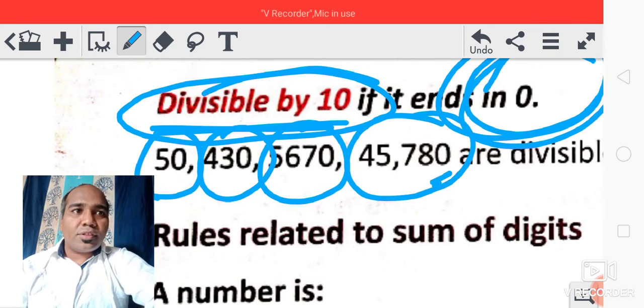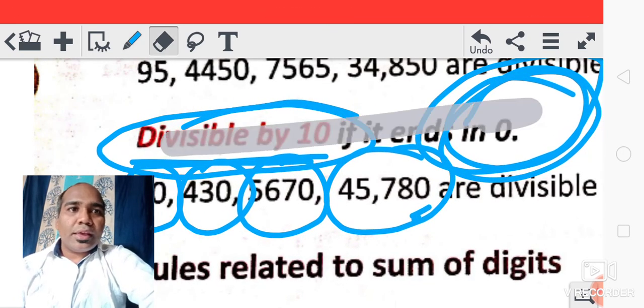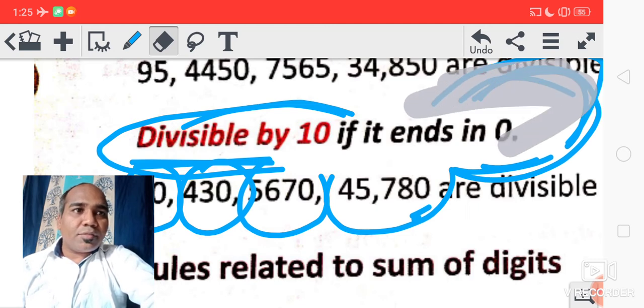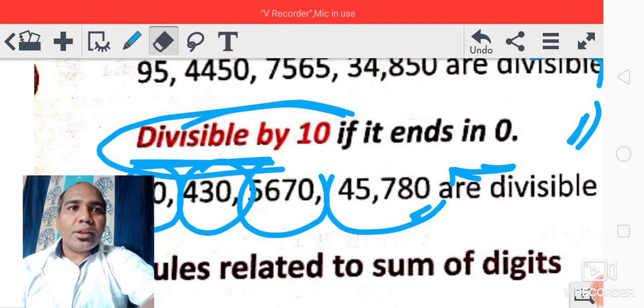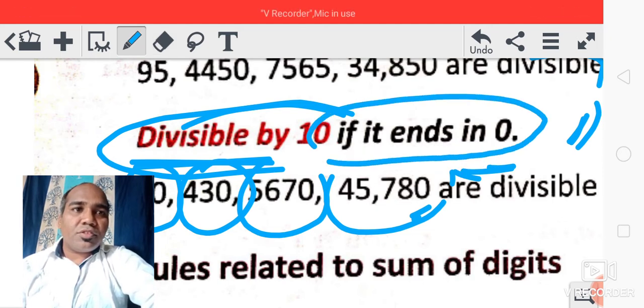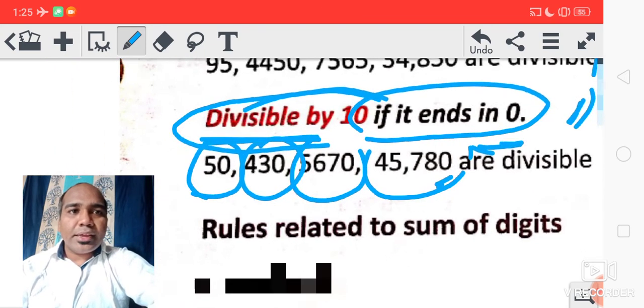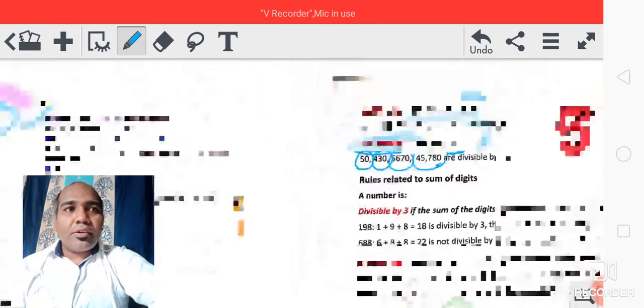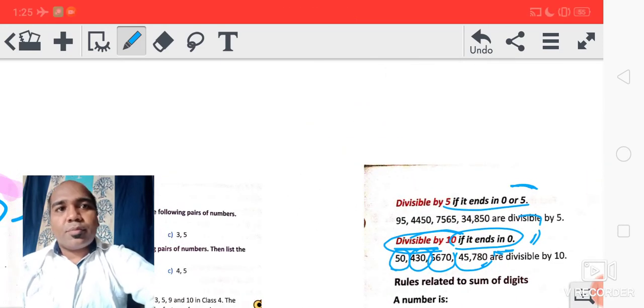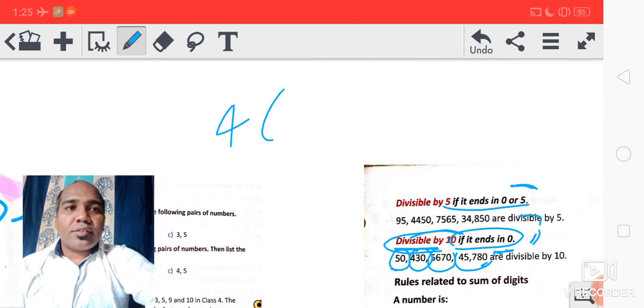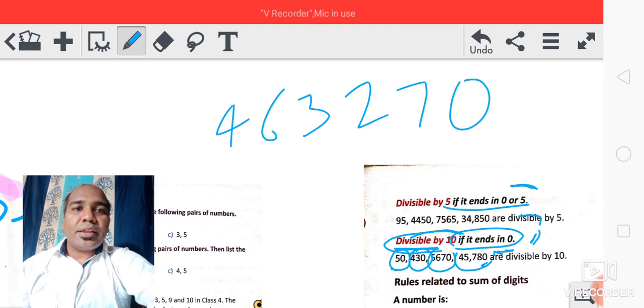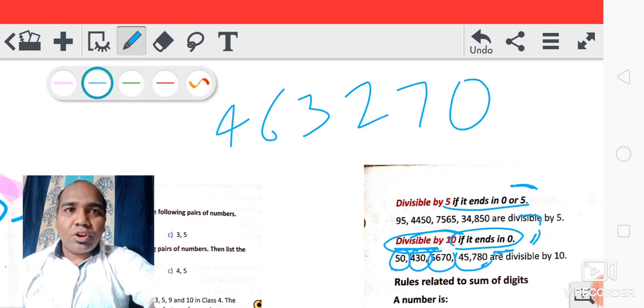So this is the rule. What is the rule? If a number ends with 0, then the number will be divisible by 10. Now suppose I give you 4,63,270, is it divisible by 10? No need to divide.